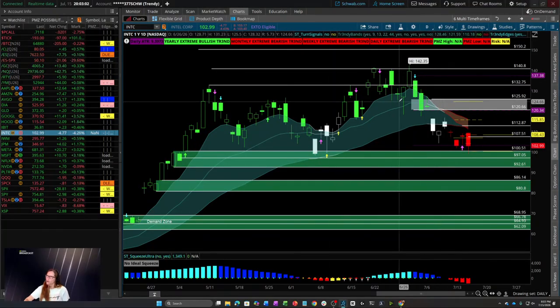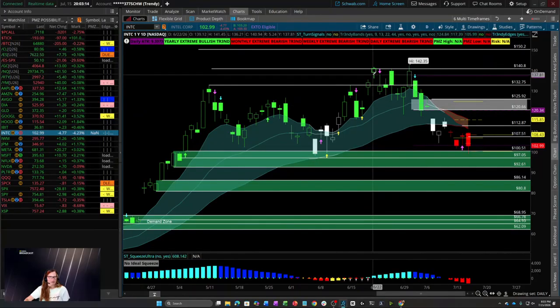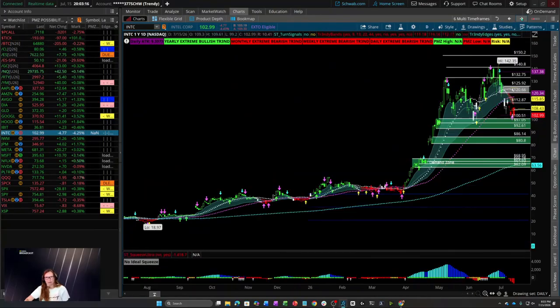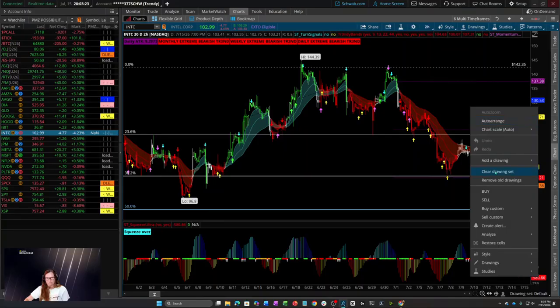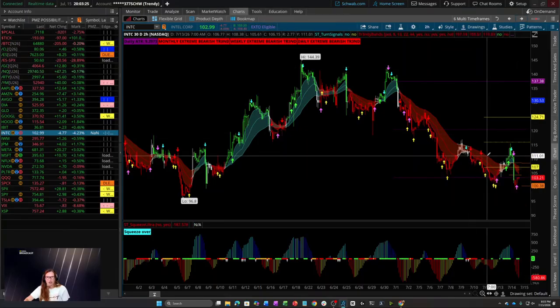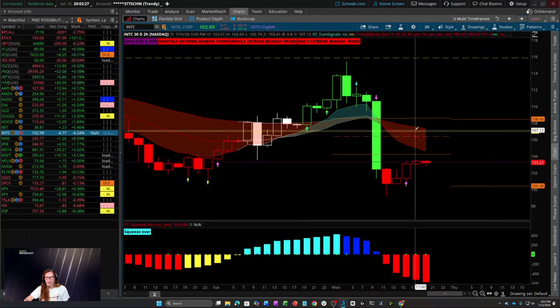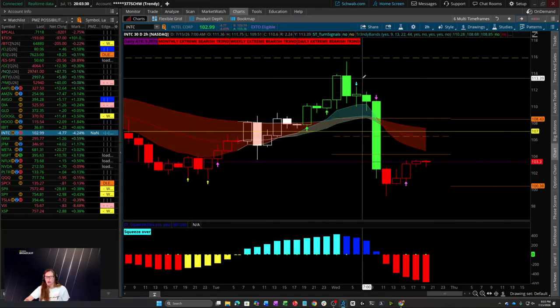Renata says, couldn't you also measure one candle on the 2-hour, then go to an even lower time frame, 3 or 5 minute, to set bullish targets? So honestly, Renata, if you're on a 2-hour chart, you're still a day trade. This is a day trading chart for me.